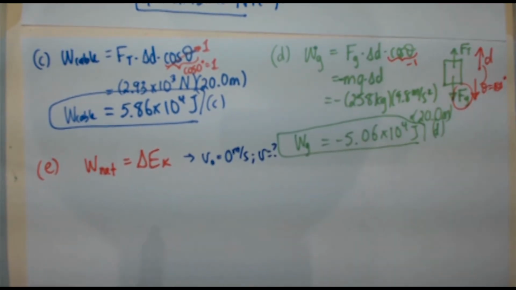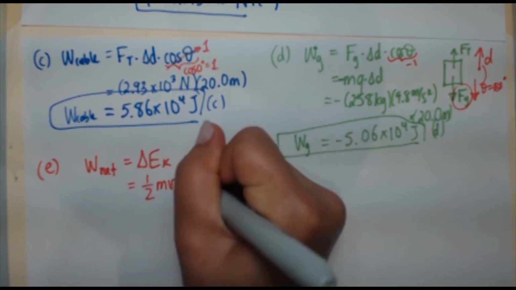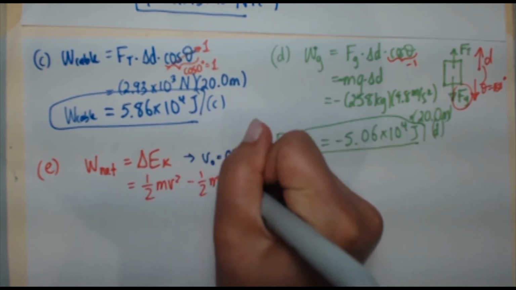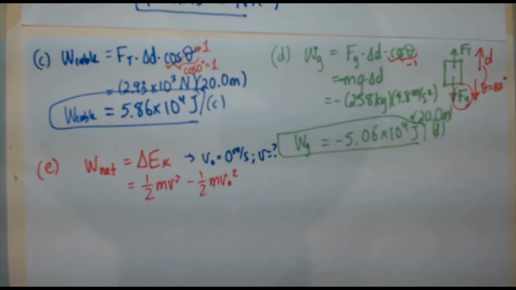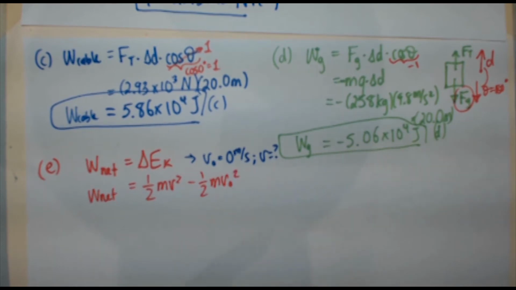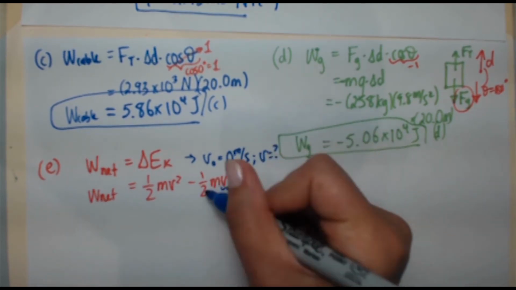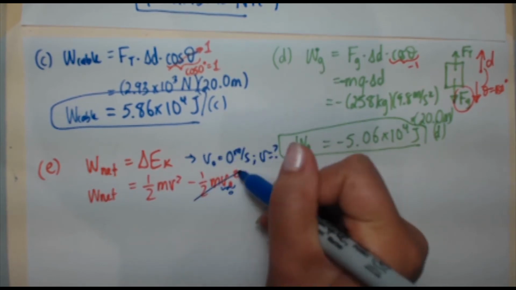So delta EK, you can rewrite it as 1/2 mv squared minus 1/2 mv naught squared, final minus initial, and that's equal to the net work. V naught is 0, so that helps. 0 squared times anything becomes 0, so this whole expression disappears.